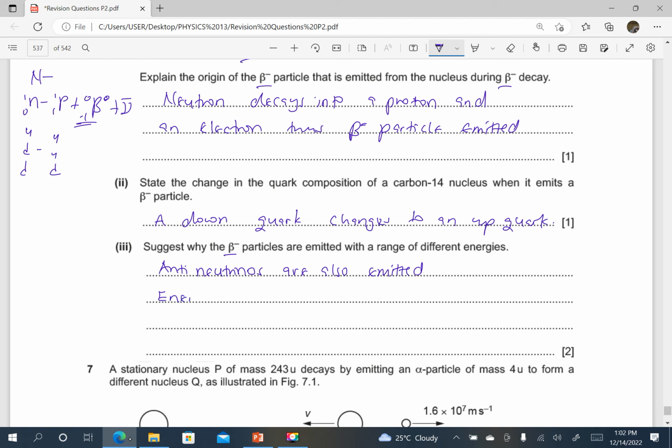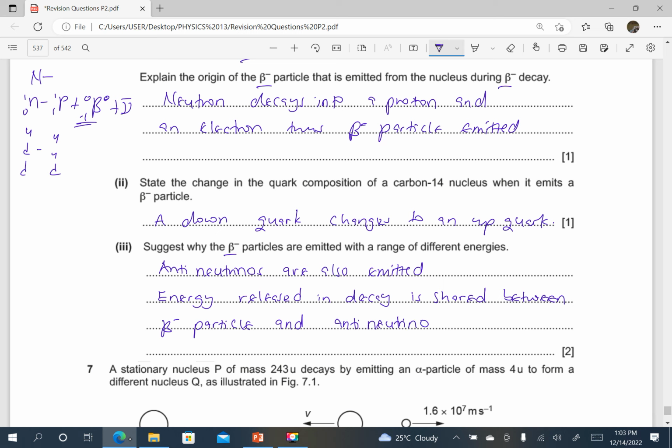Energy released in the decay is shared between the beta minus particle and the antineutrino.